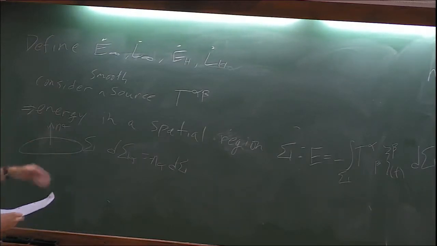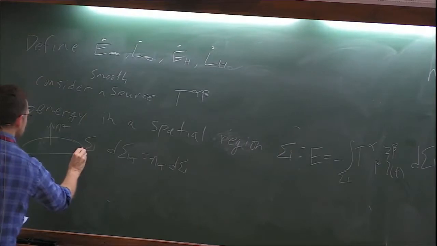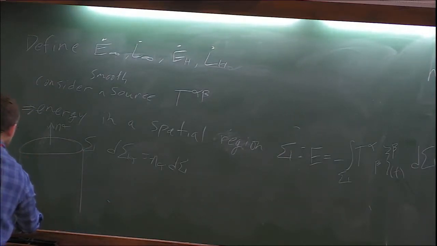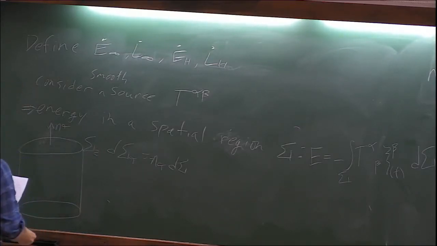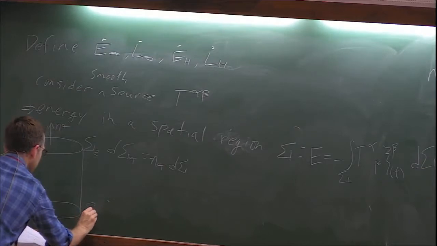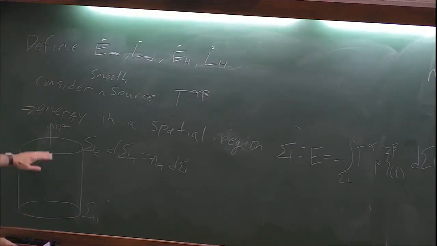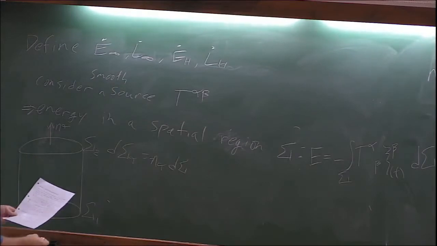Okay, so this is the energy on one surface. And now let's consider a tube. And let's call this time sigma 2. And this is time sigma 1. And each of these surfaces are going to be a surface of constant coordinate t.